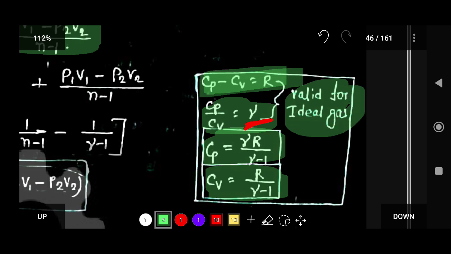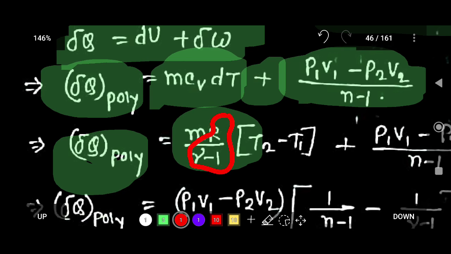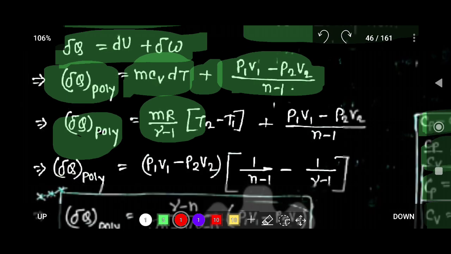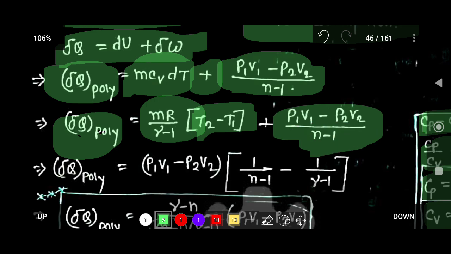So remember this data, very very important. So CV equals R upon gamma minus 1, so del Q polytropic equals mR upon gamma minus 1 into delta T, that is T2 minus T1, plus P1 V1 minus P2 V2 upon n minus 1.